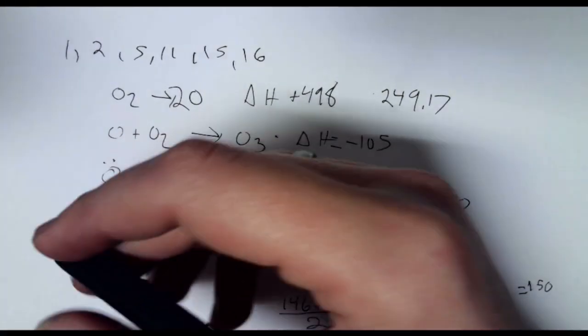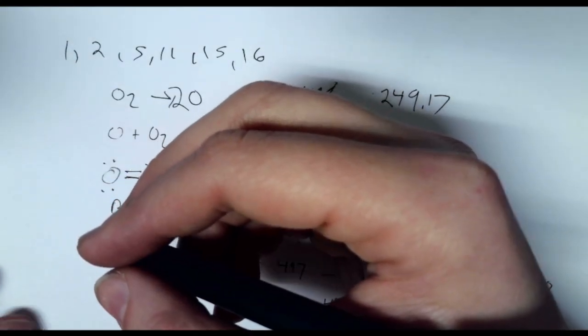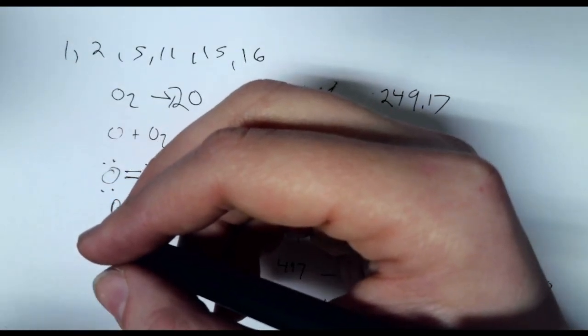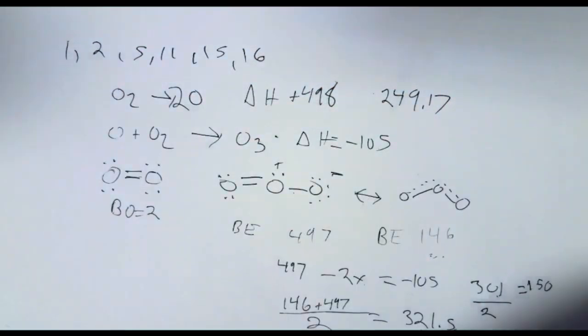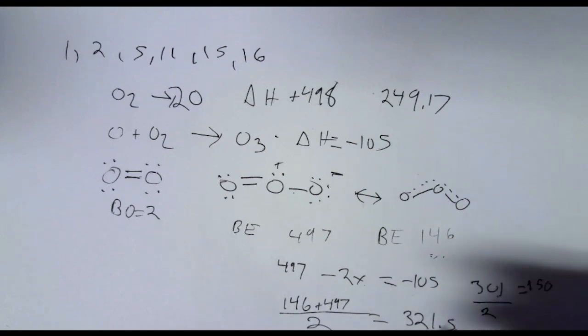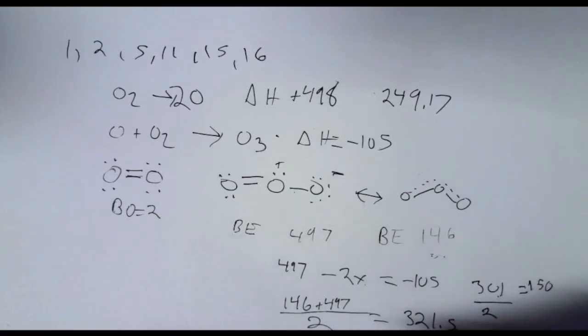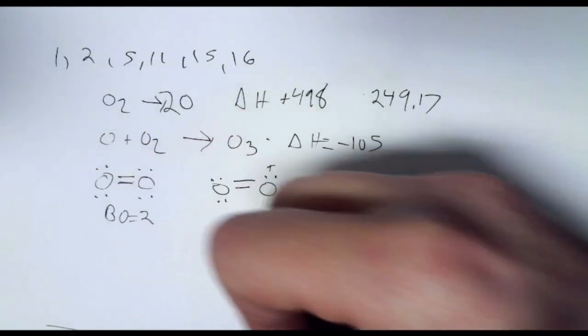But basically, ozone has a partial bond order between 1 and 2, which means its bond is longer and weaker than a double bond, but stronger and shorter than a single bond. So that's going to tell us something about its properties.